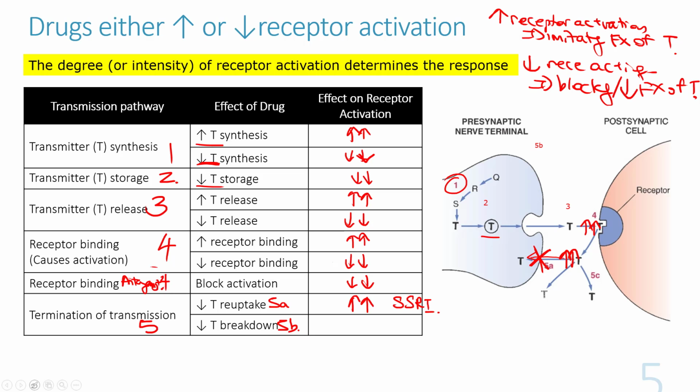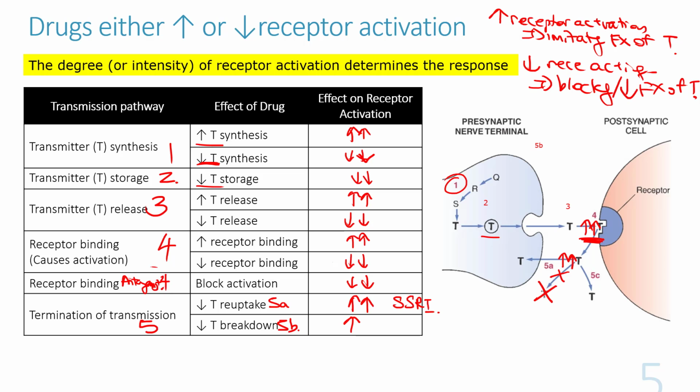And then the last thing is if you decrease the transmitter breakdown. If you block this pathway, if you block the enzyme, there's an increase in the amount of transmitter present in the synaptic cleft. So you increase the amount of activation of the receptor.